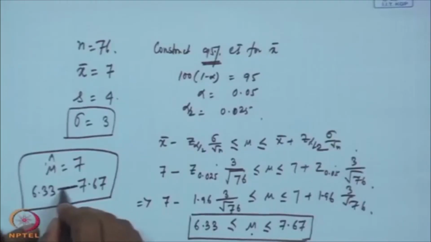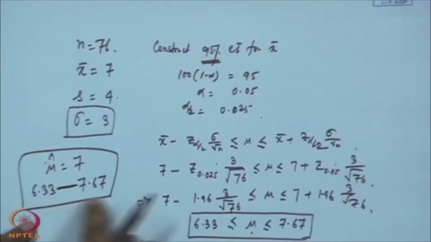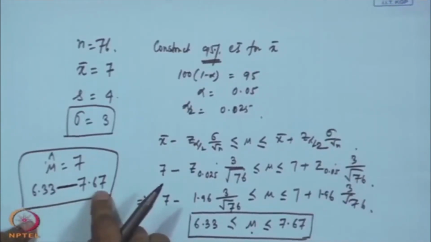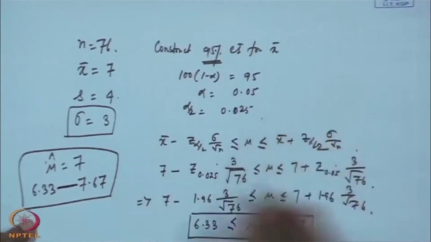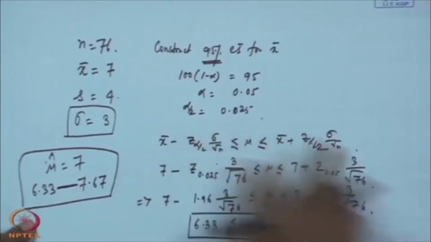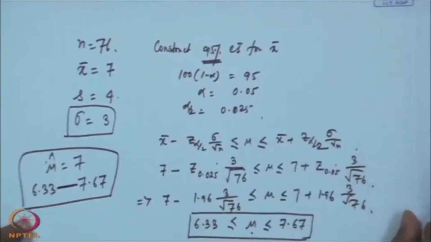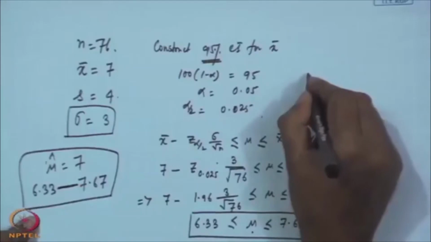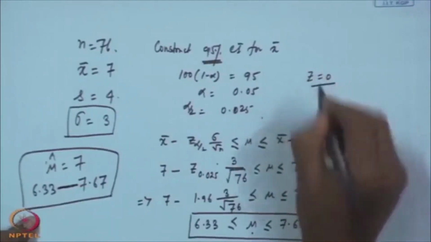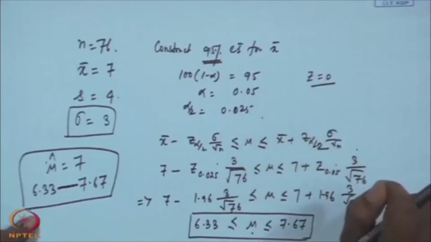How do you know whether this interval contains the true mu? Now, see, when we convert the statistic x bar to the equivalent z by subtracting its mean and dividing by its standard deviation, what is the mean of z? It is 0.